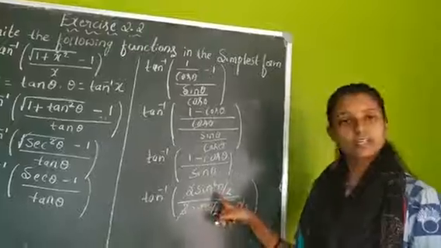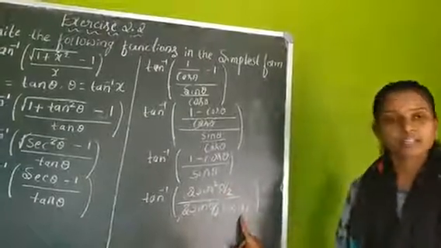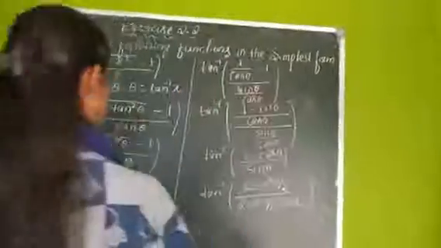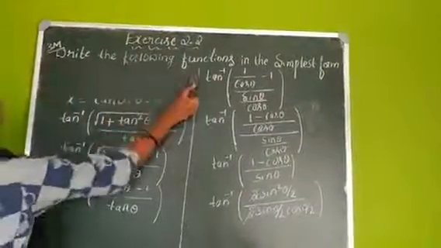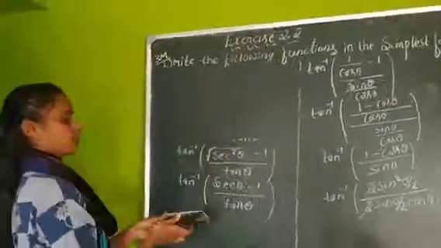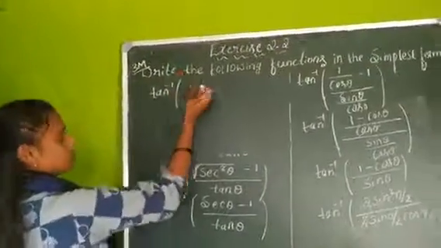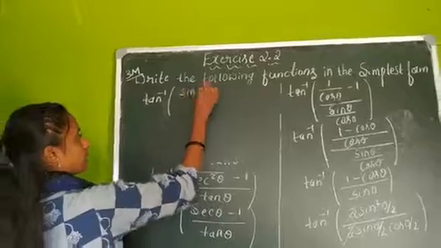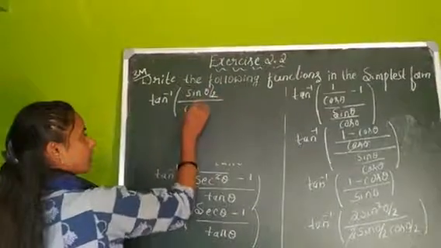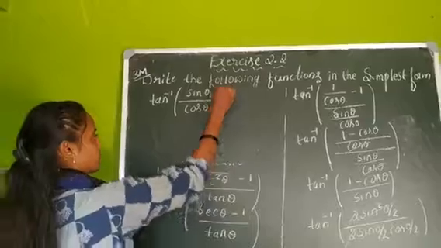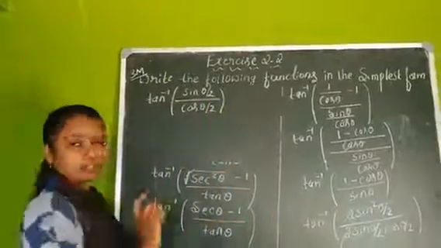In the numerator 1 more sin and in the denominator cos. So now tan inverse of sin theta by 2, and in the denominator only cos theta by 2, because the 2 got cancelled and the sin also got cancelled.